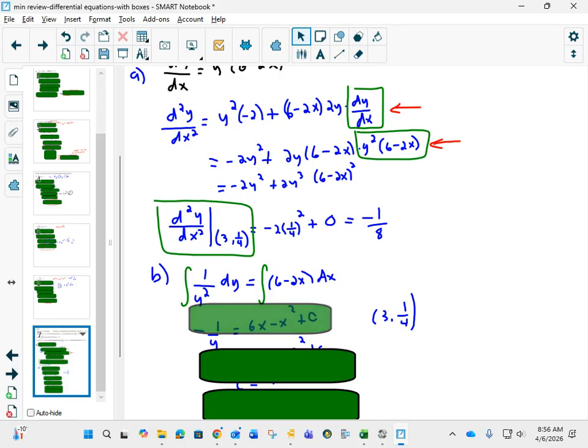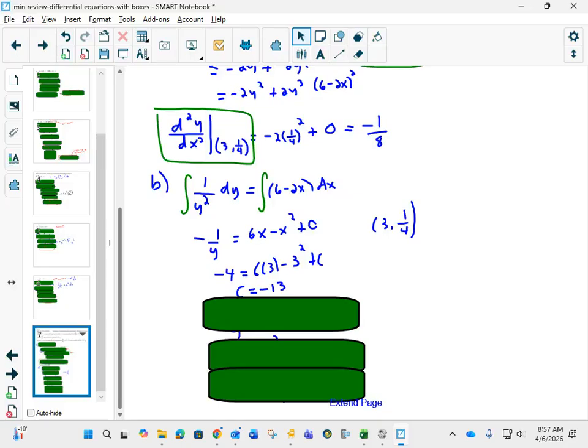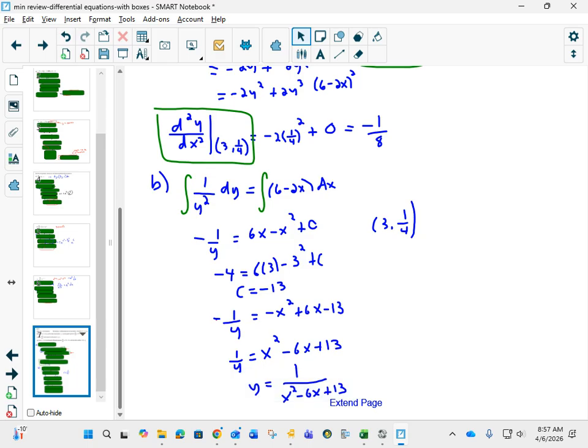So we can move the y squared to this side, the x to the other side. And since you have the initial condition of (3, 1/4), you can solve for C. And then once you solve for C, could you get your y value by itself?